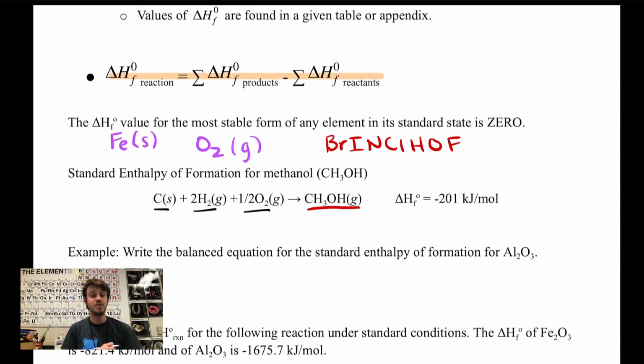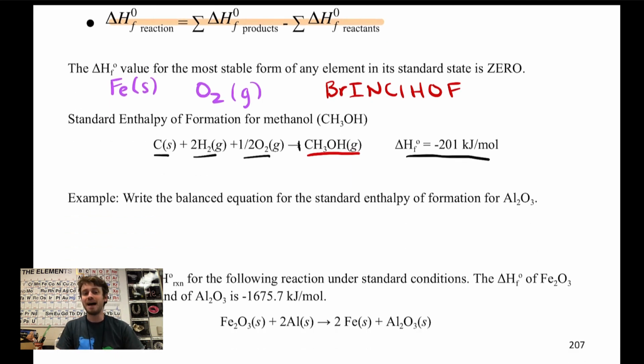Okay, so this is how I would write out the standard enthalpy of formation for methanol. This is the heat of formation or enthalpy of formation for methanol. Some people look at this and say, why do I have a 1/2 in front of O2? And that's because that would be what would be required in order to have a balanced equation that puts 1 mole in front of methanol.